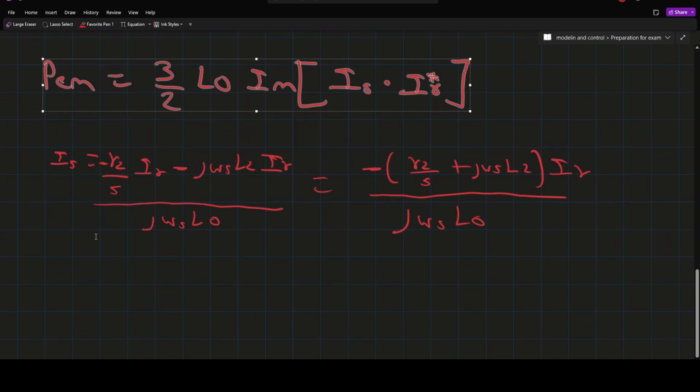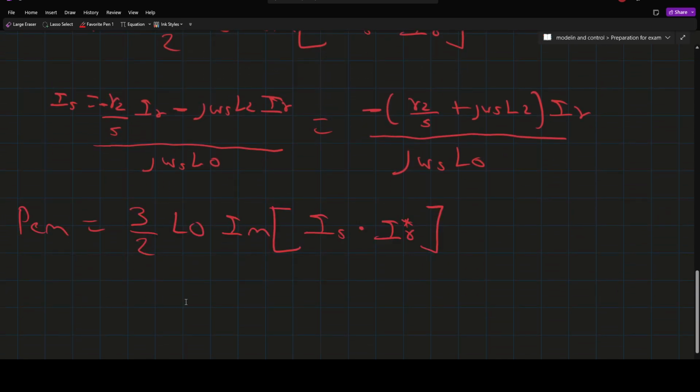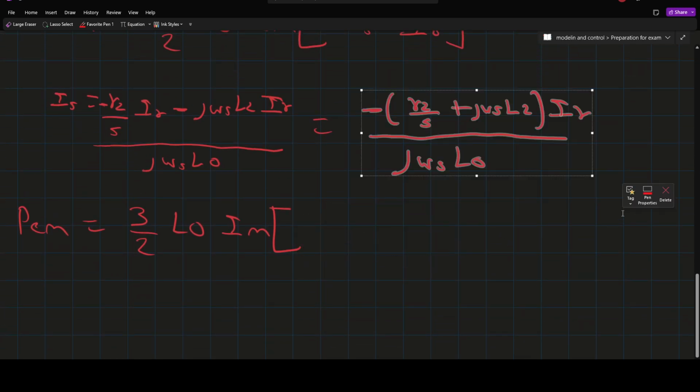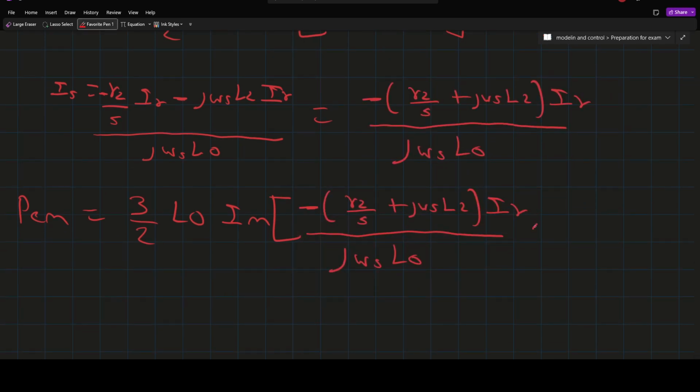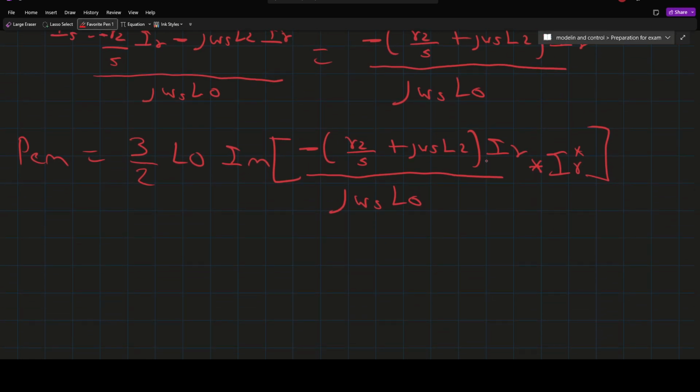And if we go back to our equation of power, we move our is. It's now this, and this is multiplying our ir conjugated. Now we know that when we multiply a vector by the same vector conjugated, we get the magnitude squared.